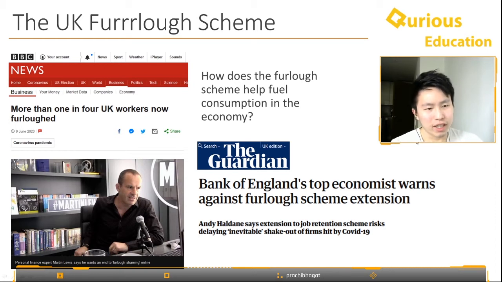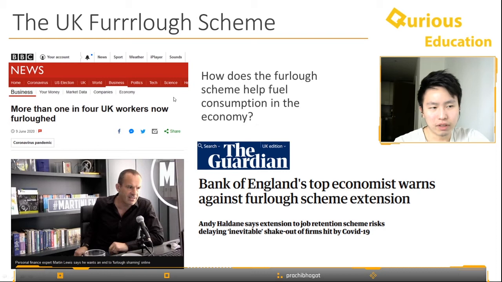So we can see 1 in 4 UK workers are now furloughed here. So there's a massive impact on the economy. Imagine if the government stops furloughing workers tomorrow, then potentially there will be mass unemployment, and of course that will be quite bad for the economy.